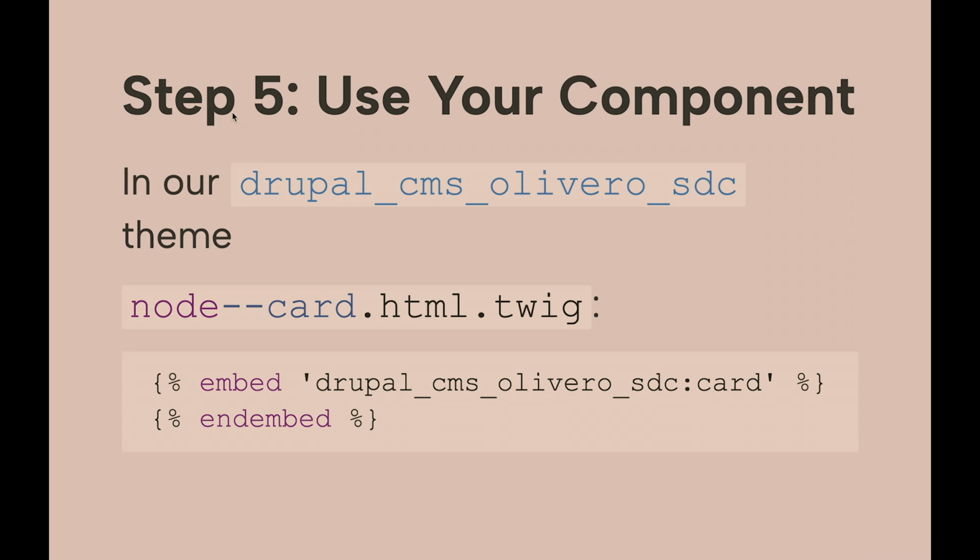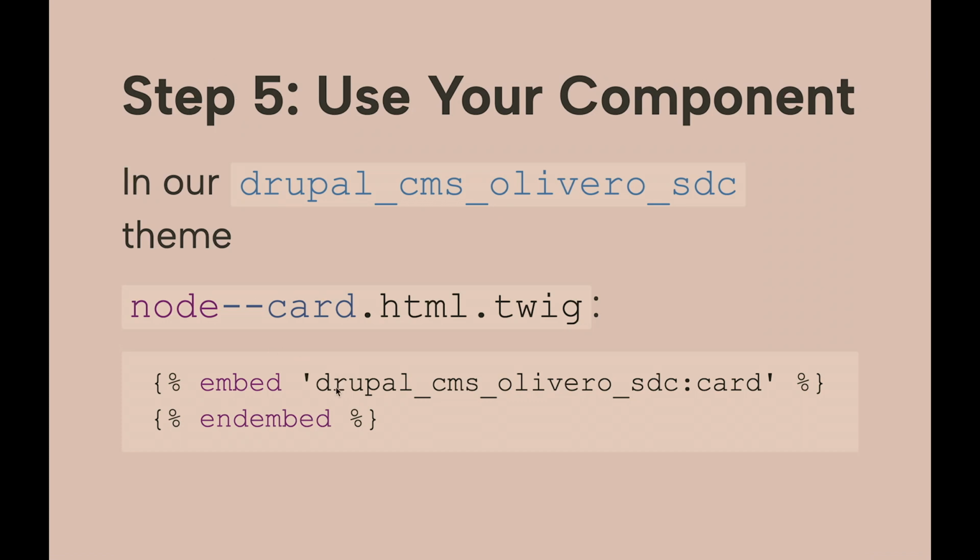So in our theme, in this case I created a custom theme based off of Olivero, we need to find the node card HTML.twig template that is essentially the view mode for this card. And we're going to use just a standard Twig embed, as we see down there at the bottom.